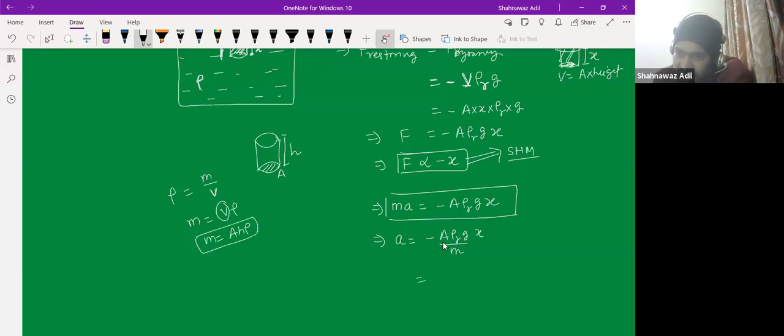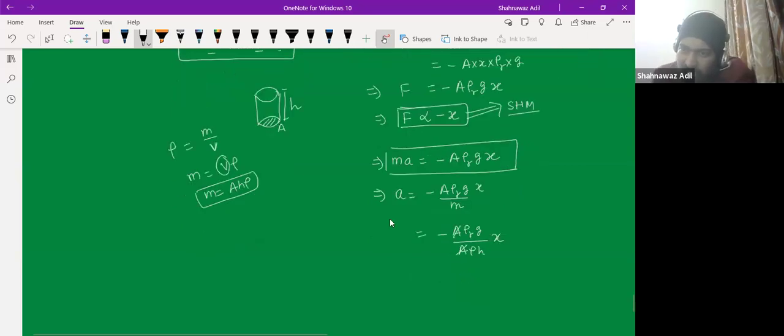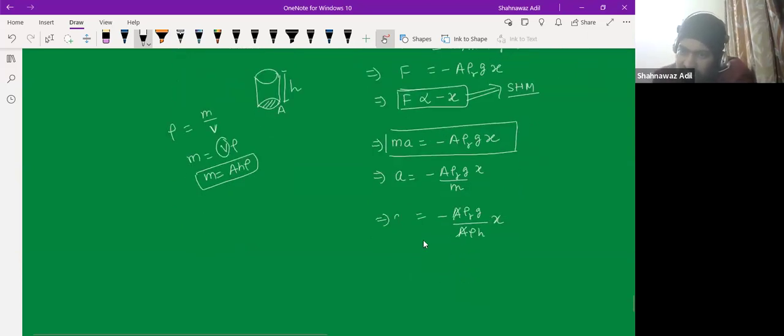We will get minus A rho R g divided by A rho H, and this is x. So this A and this A will cancel. So A is minus rho R g by rho H, times x.